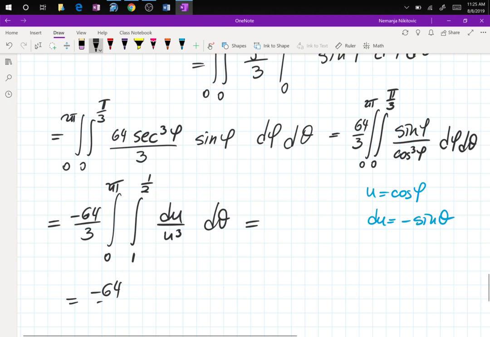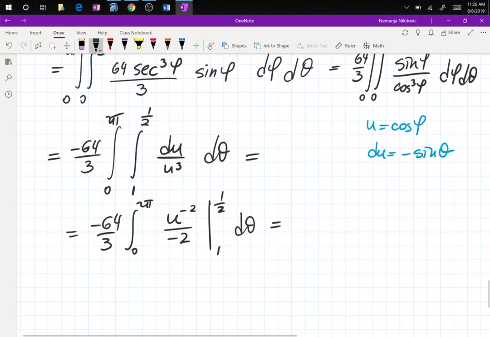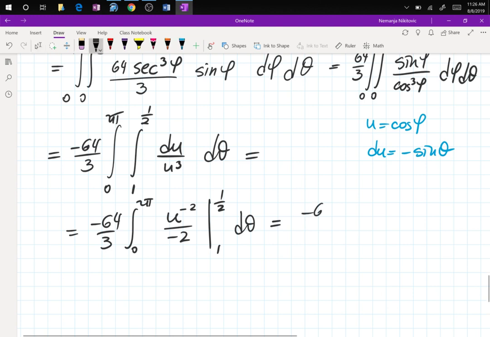So negative 64 over 3, integral 0 to 2 pi, u to the negative 2 divided by negative 2, calculated from 1 to 1/2. There we go. d theta. So now that's negative 64 over 3, integral 0 to 2 pi. When I plug in, what is this?